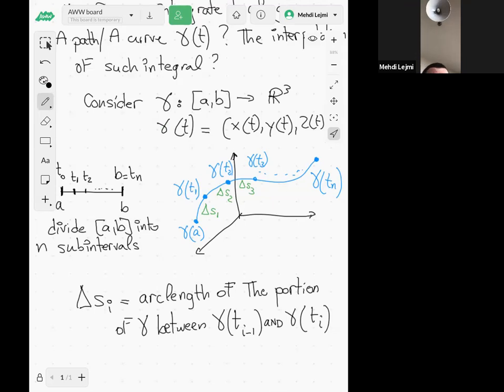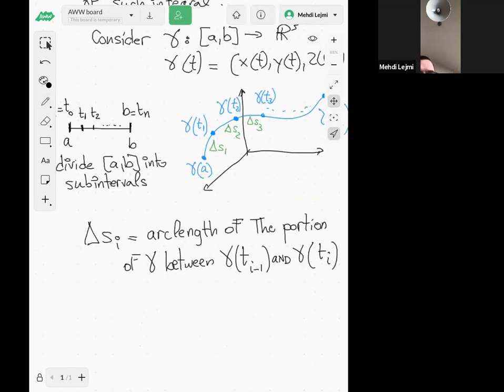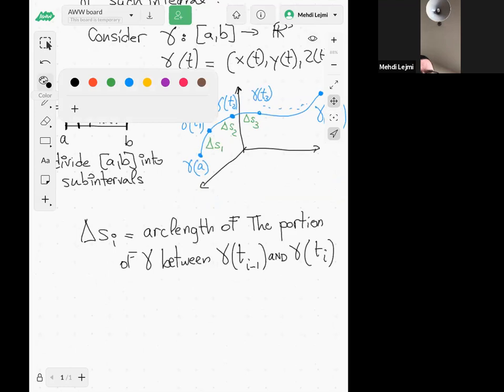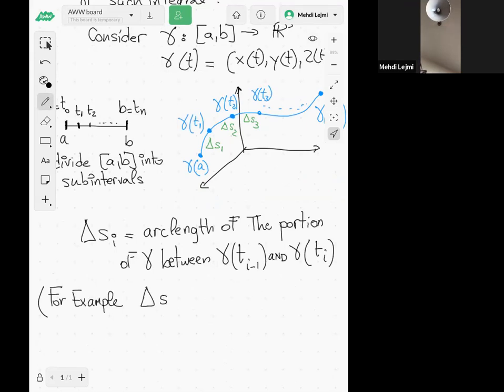If you don't like the indices here, guys, so for example, delta S1 will be the arc length of this portion here. This is my delta S1. It's just the length of this portion here. That's the portion of gamma between gamma of t0, that's A, right?